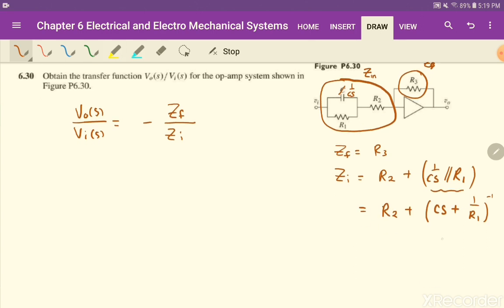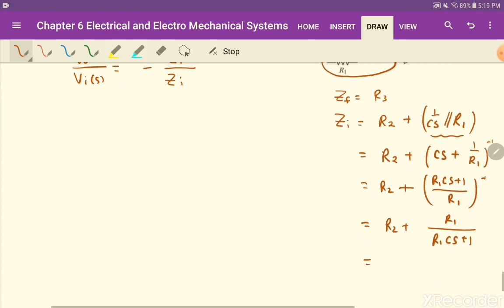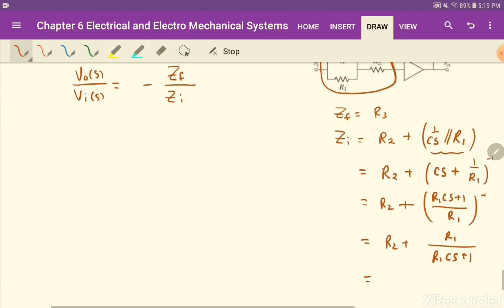So this is equal to R2 plus, with a common denominator, R1 C S plus 1, and you have to invert it still. So that's equal to R2 plus R1 over R1 C S plus 1. I'd like to simplify before plugging into this equation.